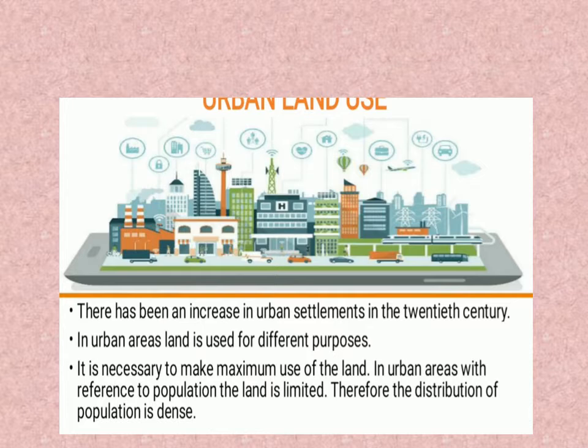Urban land use. There has been an increase in urban settlements in the 20th century. In urban areas, land is used for different purposes. It is necessary to make maximum use of the land. In urban areas with reference to population, the land is limited, therefore the distribution of population is dense. So let's have a brief explanation.